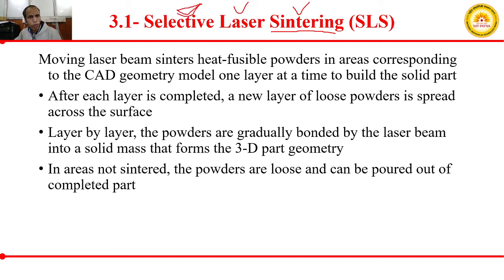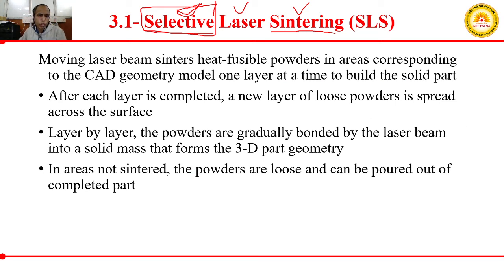On the selective area, and the selective area depends upon the data in your slice data. Okay, so in selective laser sintering, we are moving a laser beam which sinters heat-fusible powder in areas corresponding to the CAD geometry or your sliced data, one layer at a time, to build your solid part.